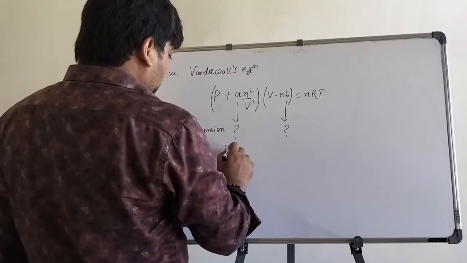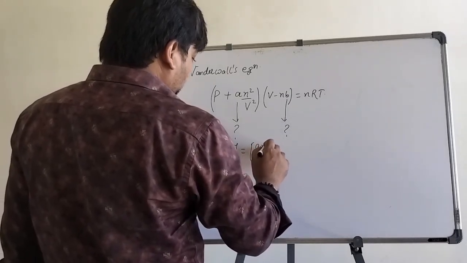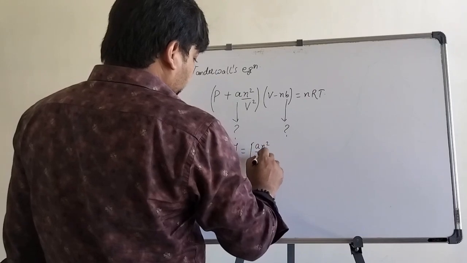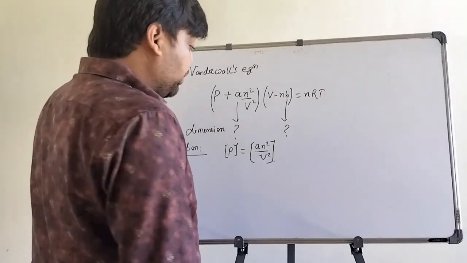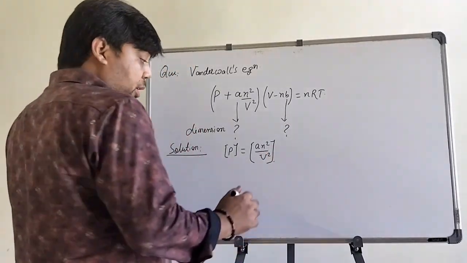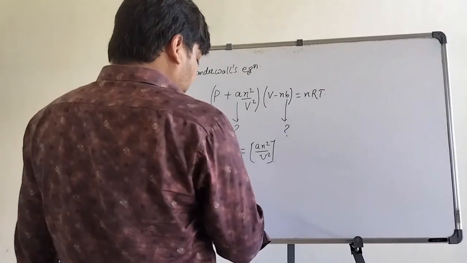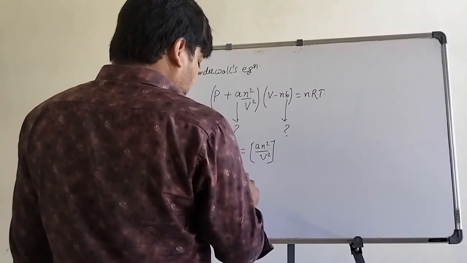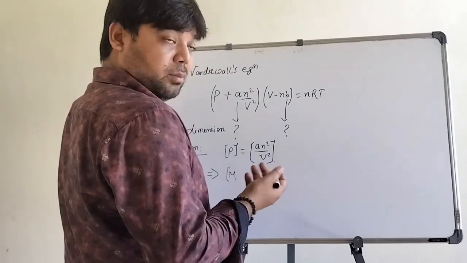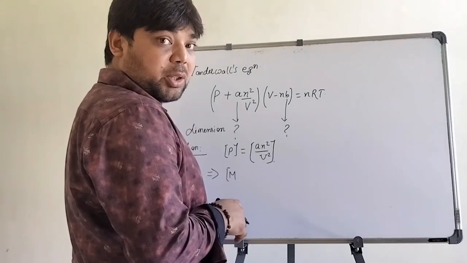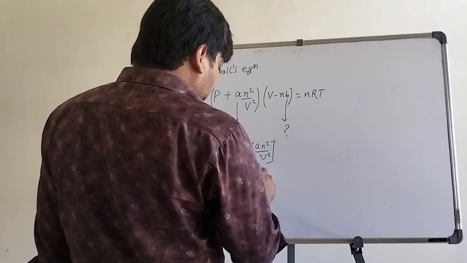So P has the same dimension as a n square divided by V square. V is volume, remember that. So it has a dimension L cube, and n is mole, so mole square. P is pressure, which is force per unit area. So M L to the power minus 2 divided by L square, so M L to the power minus 1 T to the power minus 2.